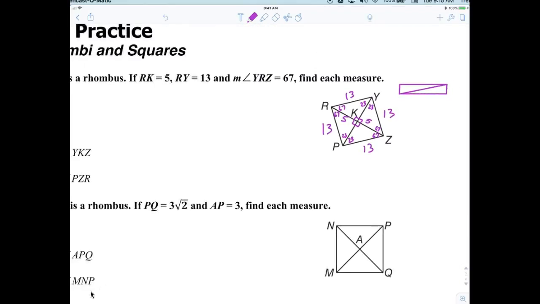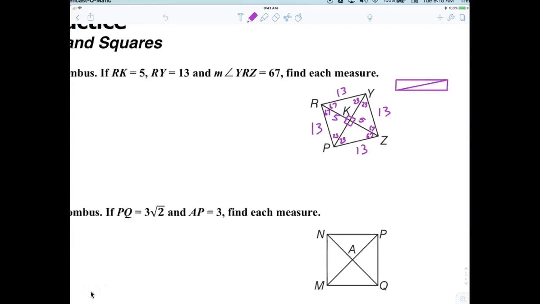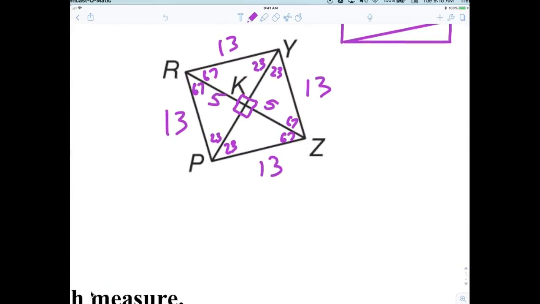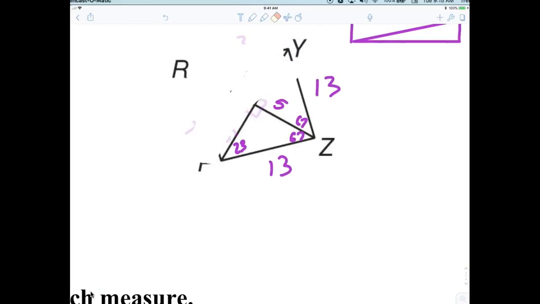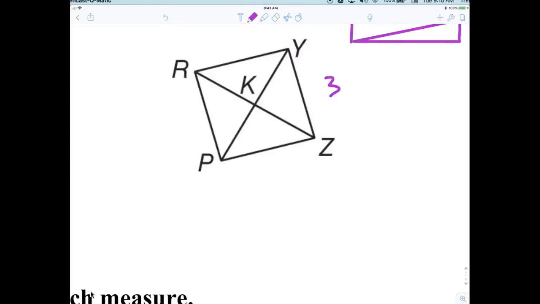I know it's not a square because of what I just demonstrated up here. This is equal to this, correct? Which forces this angle to be the same as this angle. Let me go through that because I really messed it up and I feel bad about that. This angle was 23 right here.